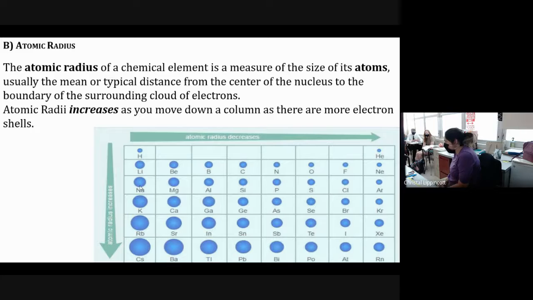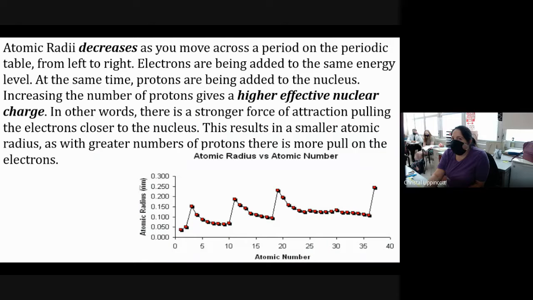Okay, so whatever way you've got to remember that, just remember that as you move across, it gets tighter. Those protons are pulling tighter and tighter. You're not adding in extra layers, but you're adding in extra protons in the middle to pull it in. The layer's still the same. Yeah, you're adding in an extra electron, but the layer's still the same. All right, so that's that trend.